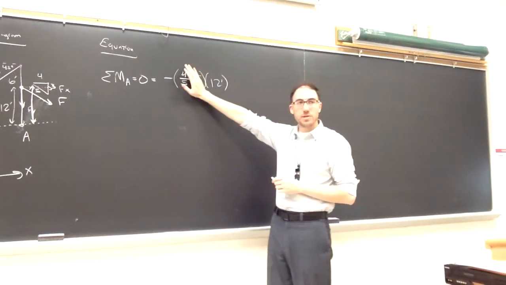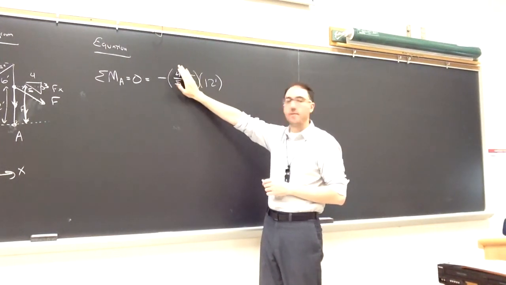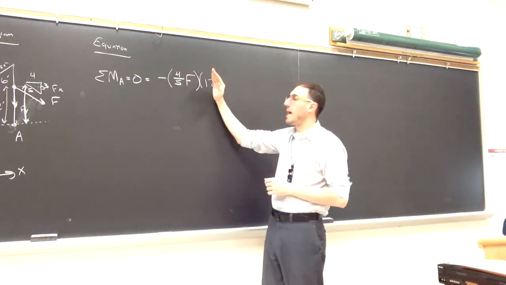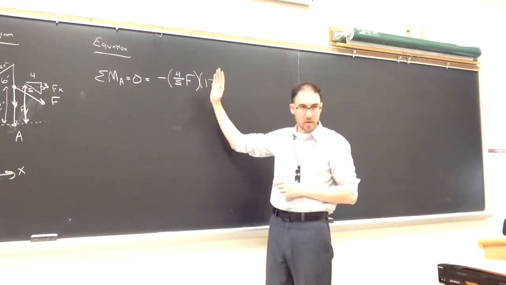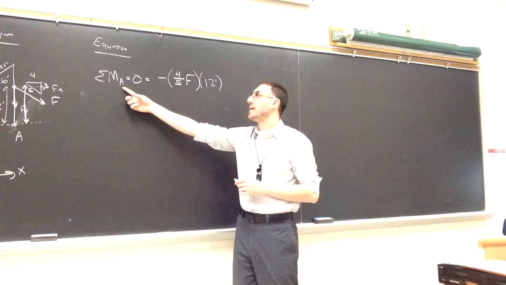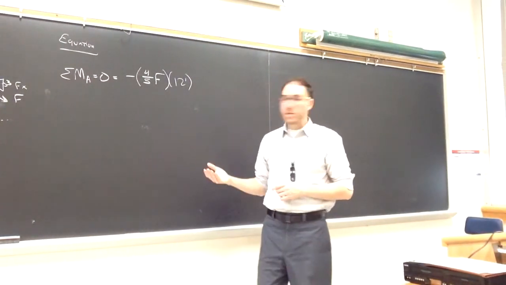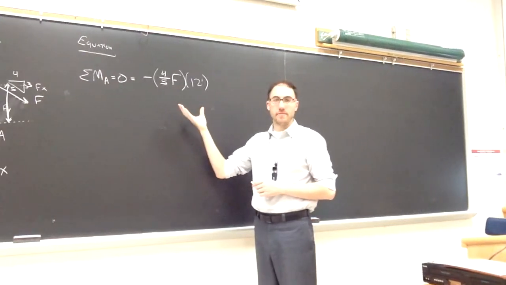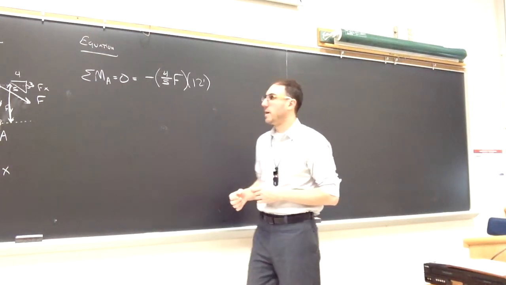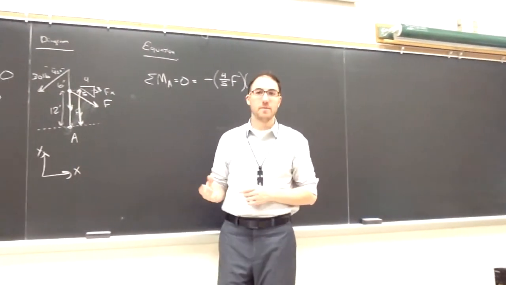So the force, or in this case the component of the force, times the distance that force acts perpendicularly from our point A. That's just the moment caused by the horizontal component of F. What is the moment caused by the vertical component of F? 0.